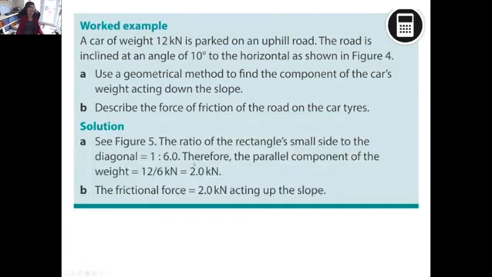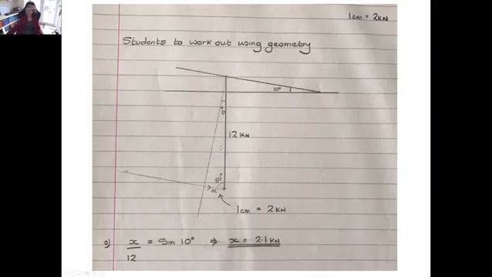If you worked that out correctly, you should have got a value of about 2 kilonewtons, and I've tried to draw that out myself accurately.